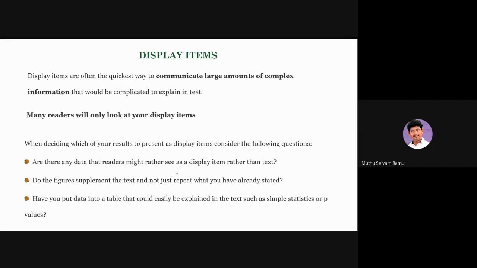They should communicate a large amount of complex information in a concise way, and a reader will always look at the display item first. If the display item is good, then they will go with your article. The display item should be self-explanatory. Any figure, any table should be self-explanatory, so it should have some information about the content in the title and the description of the figure or table.